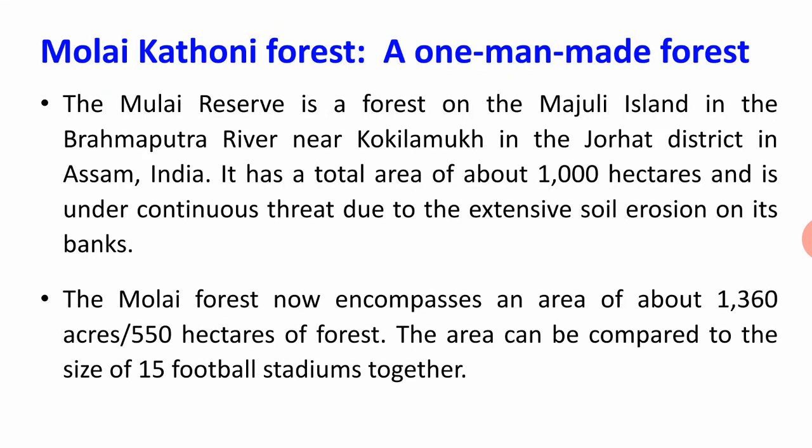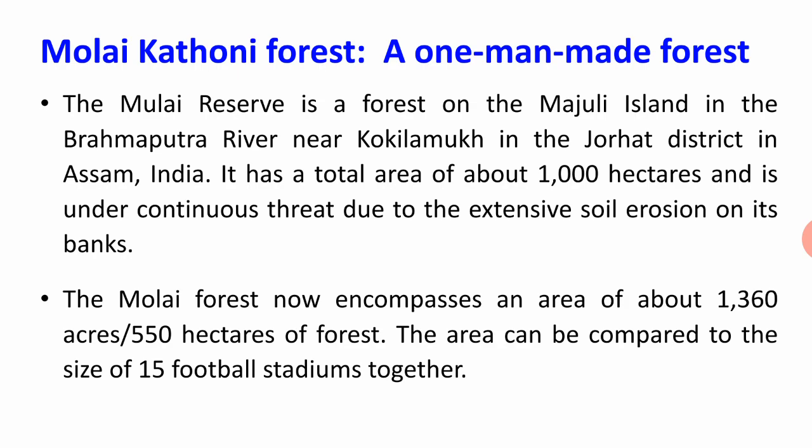So the Molai Kathoni forest is a man-made forest made by the same person. The Molai Reserve is a forest on Majuli Island in the Brahmaputra River. It is about 1,000 hectares and is under continuous threat due to extensive soil erosion on its banks.